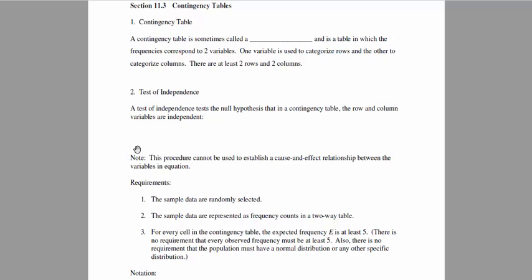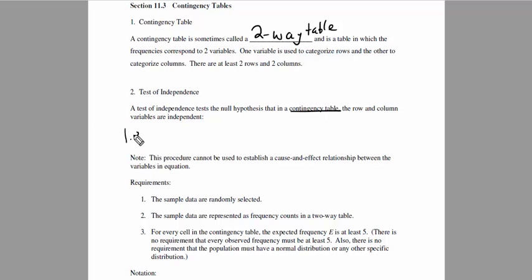So a contingency table is sometimes also called a two-way table, and is a table in which the frequencies can correspond to two variables, and one variable is used to categorize rows and the other to categorize columns, and there are at least two rows and two columns. Simple enough. In the test of independence, test the null hypothesis that in a contingency table, one of these two-way tables, the row and column variables are independent.